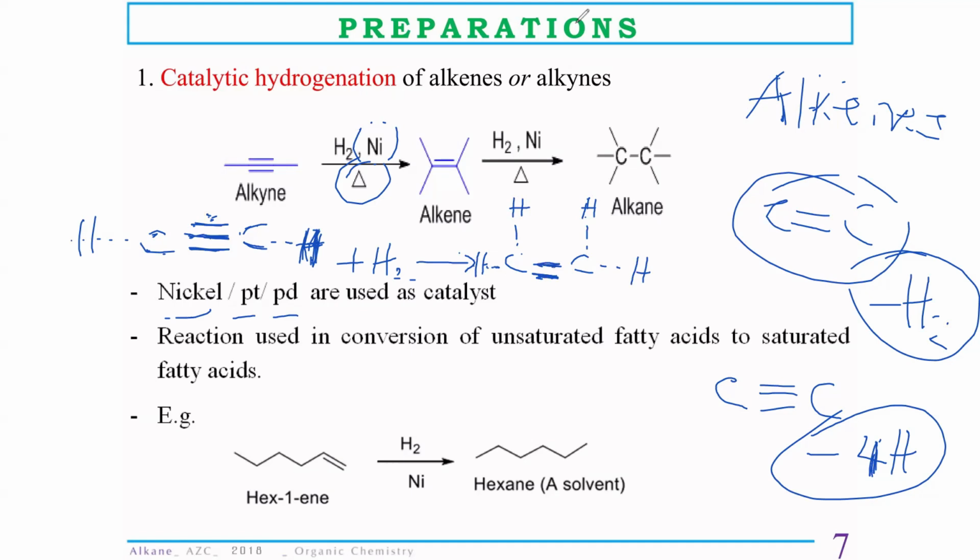From triple bond, we are moving to double bond, so you are converting alkyne to alkene.